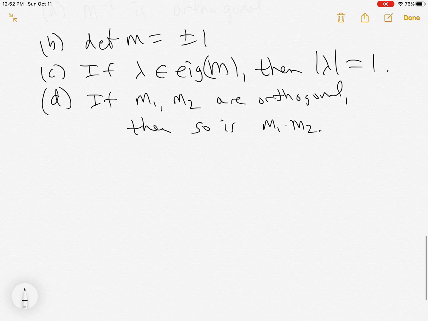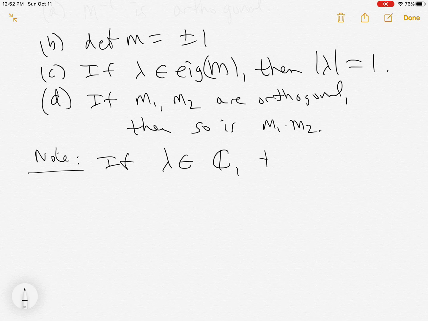Okay, and keep in mind that if lambda is a complex number, this holds. So this holds in the complex numbers.